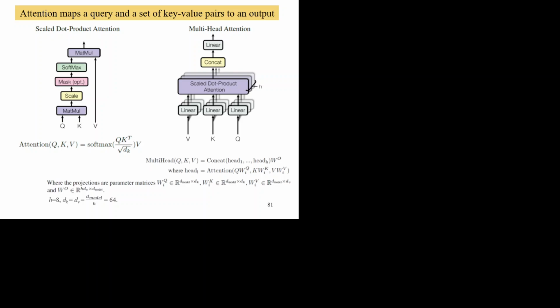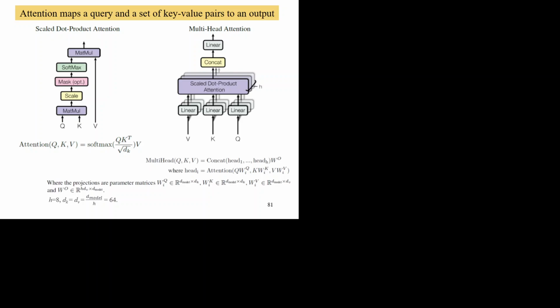So you can think that each query, key, and value is actually a vector, a set of vectors. I give you a query, and the query will compute the similarity with the keys, and according to the similarity score, do the linear combination with the value vector. So the basic idea is like this.